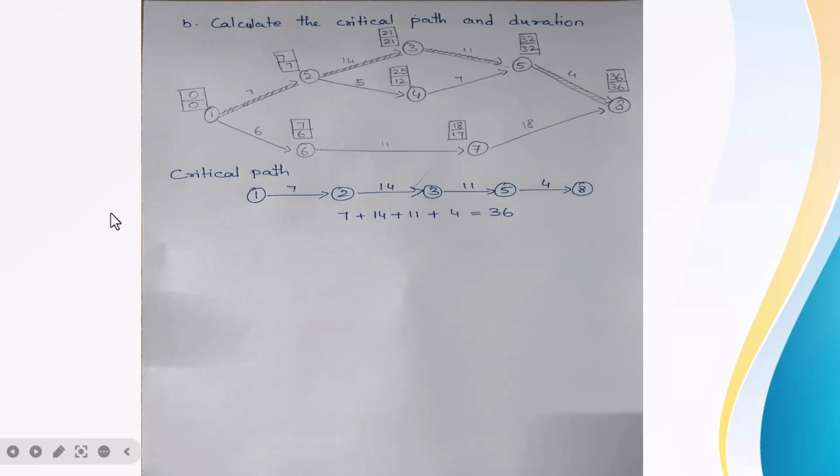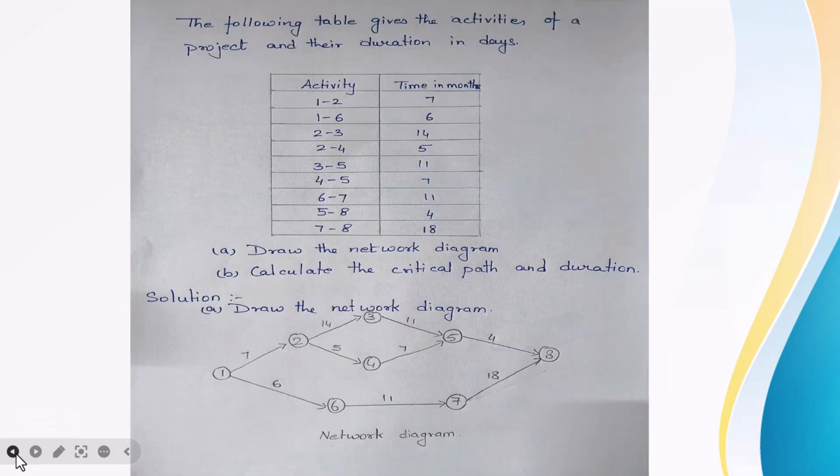Okay, so I'll just have a repetition of the whole sum. The activities will be given, the durations will be given. So there are two questions. One is draw the network diagram. Second part is calculate the critical path and the duration.